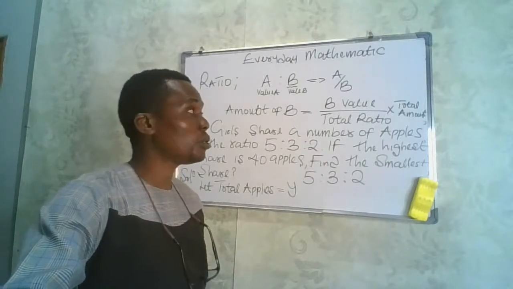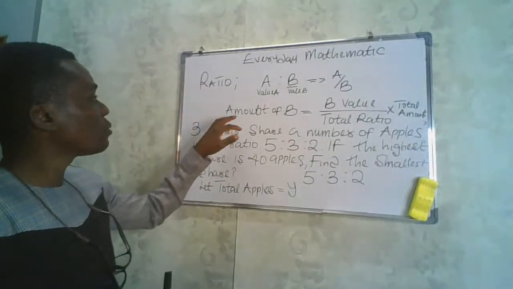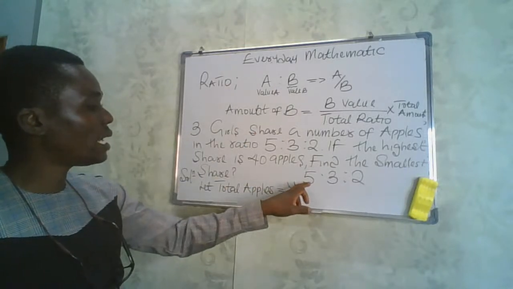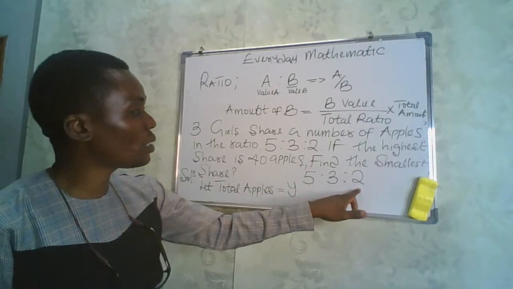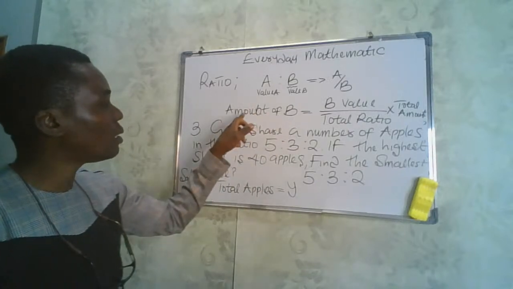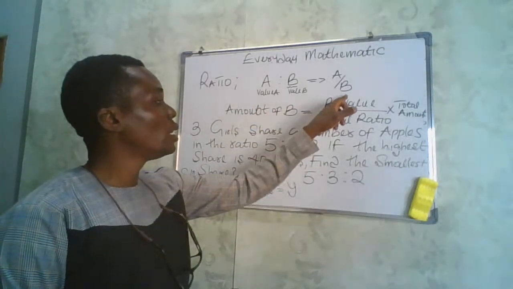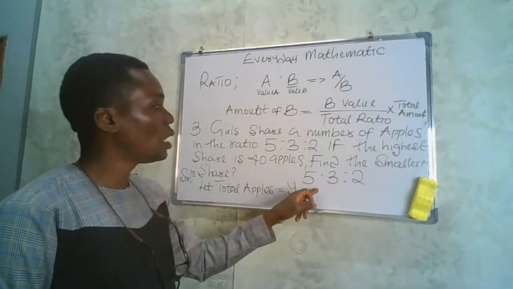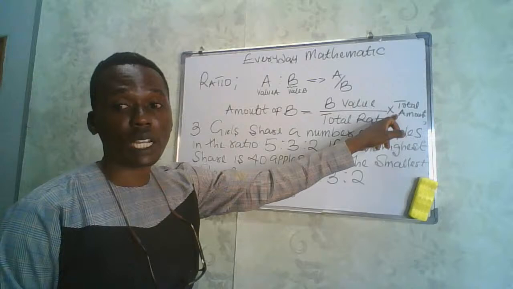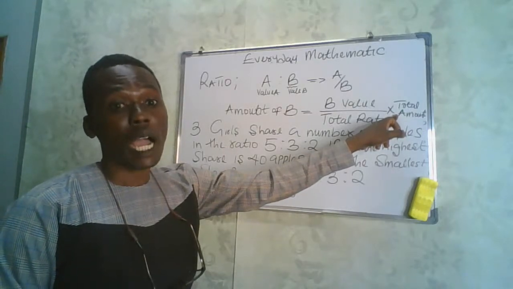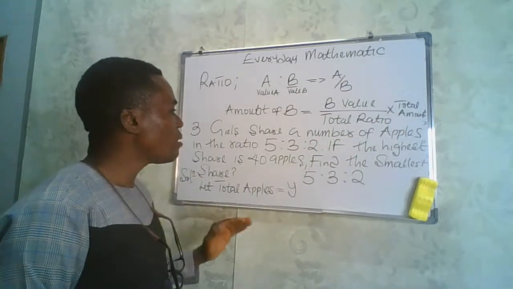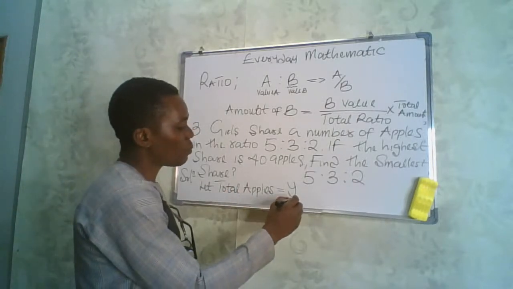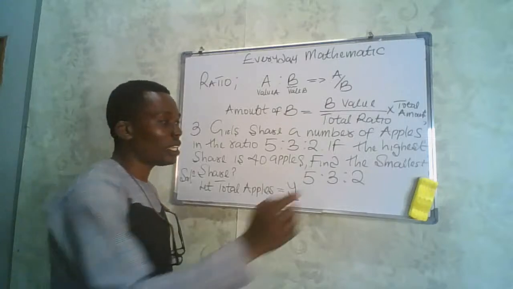Remember, if you want to find the amount for a certain ratio, maybe the highest one, either the first girl, second girl, or third girl, the amount is equal to the value for the highest divided by the total sum of the ratio, multiplied by the total amount, or the total apples. Now, are we given the total apples? We aren't, but we are taking the total apples to be y. Now, let's solve that question.